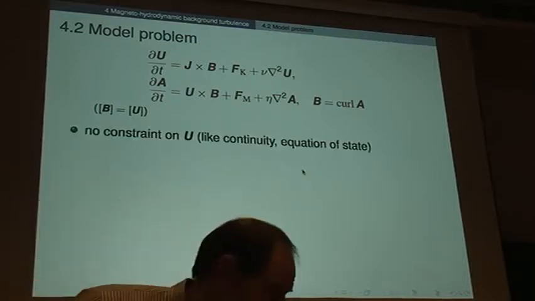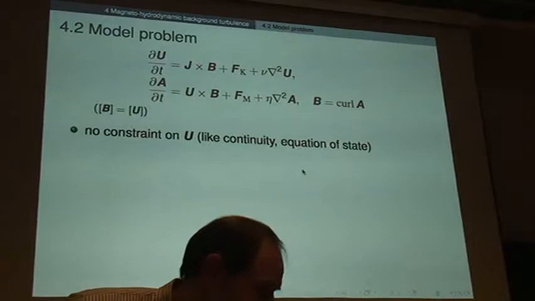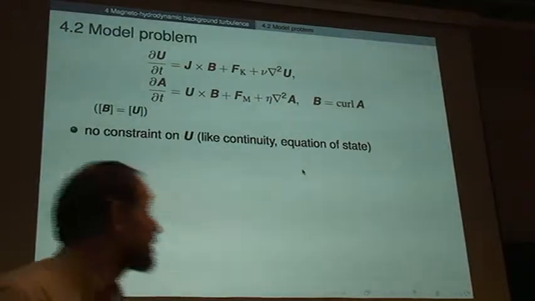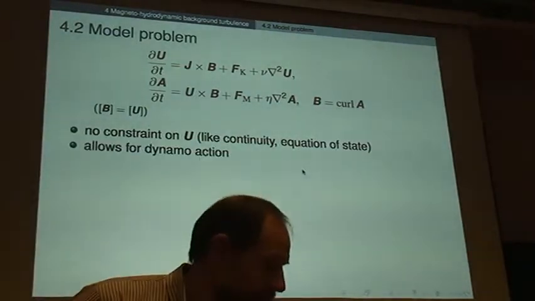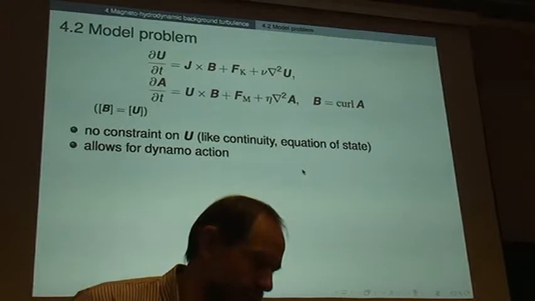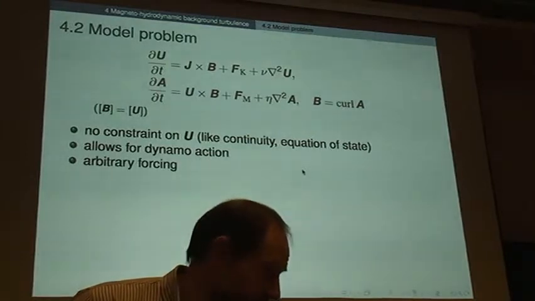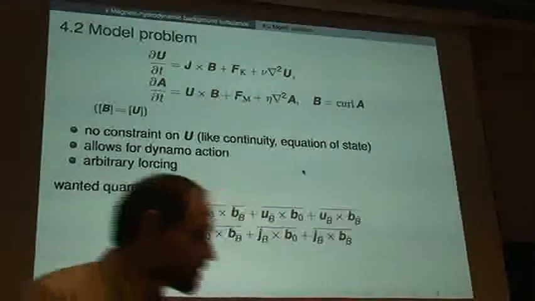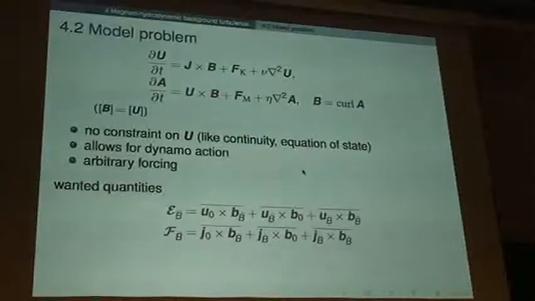We have no constraints on the velocity, no continuity equation, and the dynamo action is still possible, and we have arbitrary forcing. The wanted quantities are now, of course, no longer the mean electromotive force alone, but also the mean force, which are expressed here in a general way, in both cases the parts which depend on the mean field. We will see three contributions here, in fact.